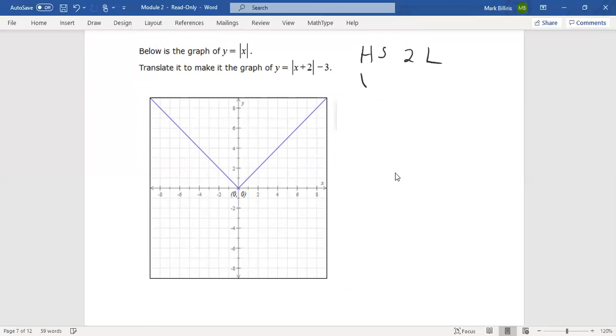And -3, our vertical shift, is 3 units down. So I'm going to take my absolute value graph and shift it 2 units to the left. So it'd go to -2 and then 3 units down. And again, I'll do that for each value as well.